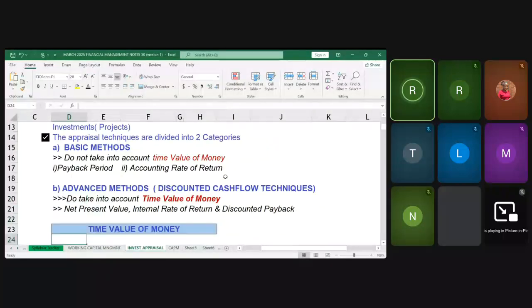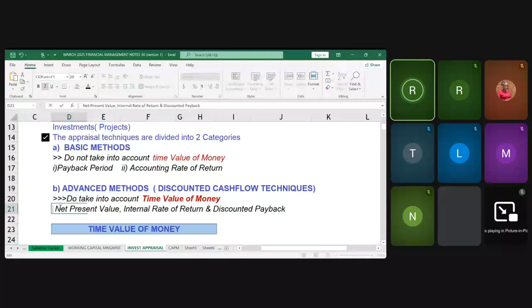So how many methods do we have altogether? Number one, the net present value. Number two, the internal rate of return. And number three, the discounted payback period. Those are the three advanced appraisal techniques that we want to be looking at.